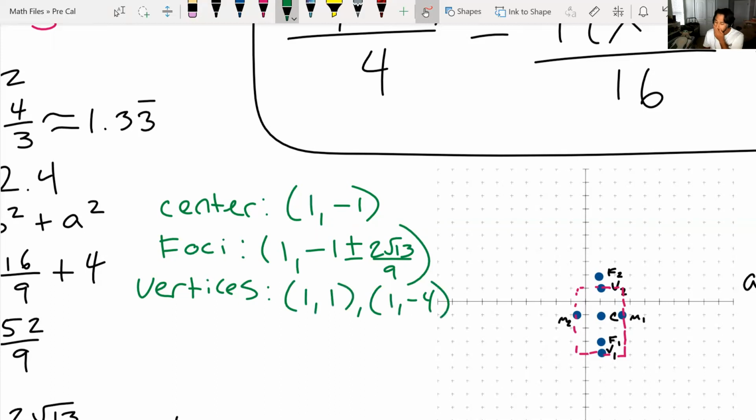And then the minor points are at negative 1. Oh no, those are difficult. So this is at 1 plus or minus 4/3 and negative 1.